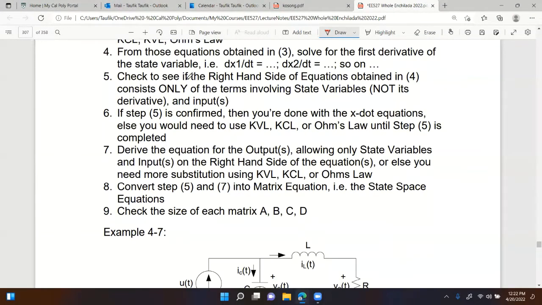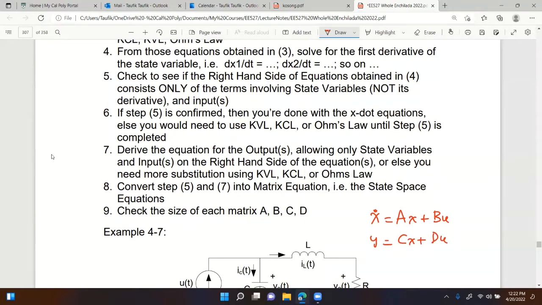And then check to see if the right-hand side of the equations obtained in 4 consists only of terms involving state variables, not their derivatives, and inputs. Remember, x dot is equal to Ax plus Bu, y is equal to Cx plus Du.